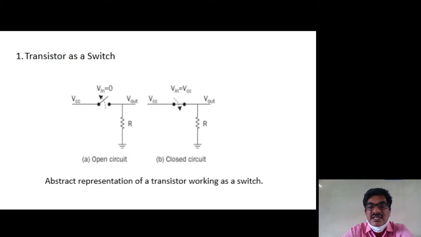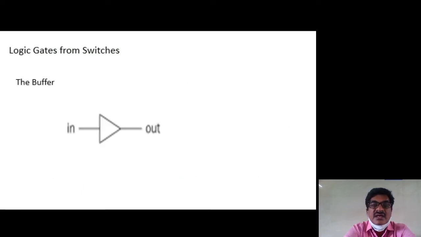Let us first come to the buffer. Of course it is not really a gate, it is a buffer circuit, but it is very helpful in the realization of digital circuits. We can see its advantages in later classes. This is the usual symbol for the buffer circuit.